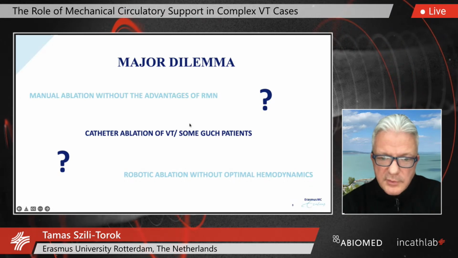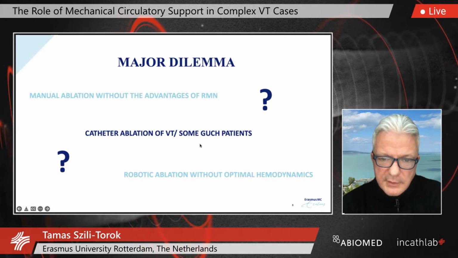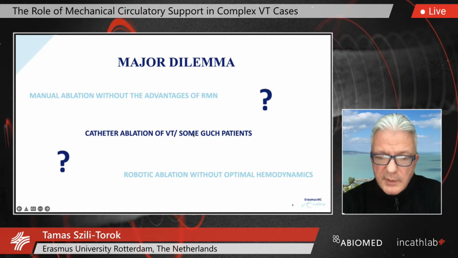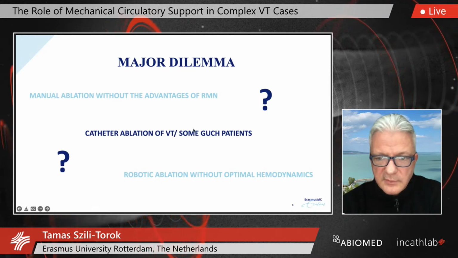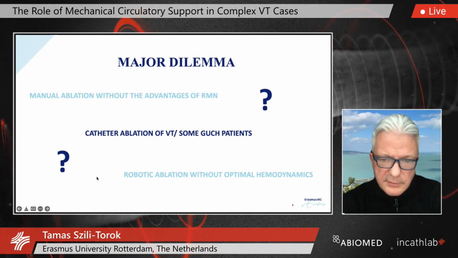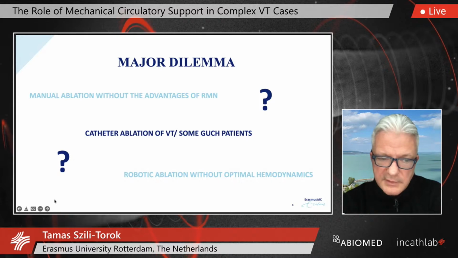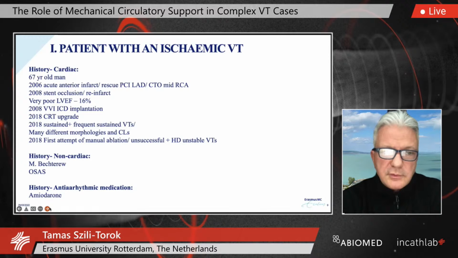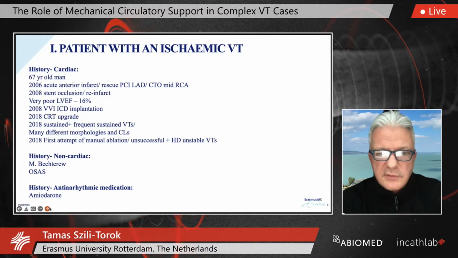And I put here one more thing. I hope I can show you one slide at the end. We have some difficult grown-up congenital heart patients who don't have VTs, but suffer from SVTs and are also hemodynamically unstable. And I think we were the first group presenting the positive effect of Impella in these cases with univentricular physiology hearts.